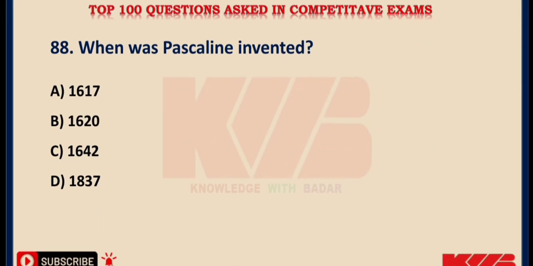Question number 88. When was Pascaline invented? 1617, 1620, 1642 or 1837. And the correct answer is 1642. Pascaline was invented in 1642.